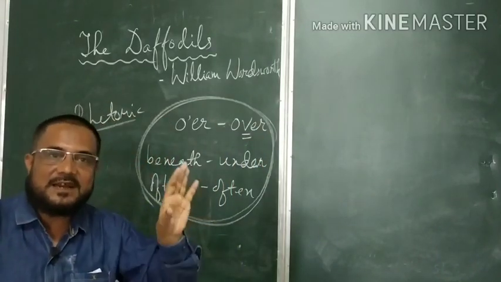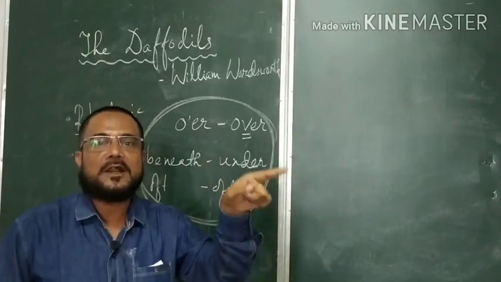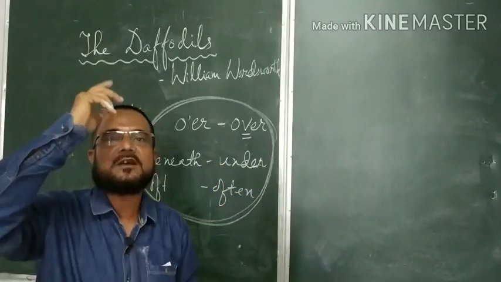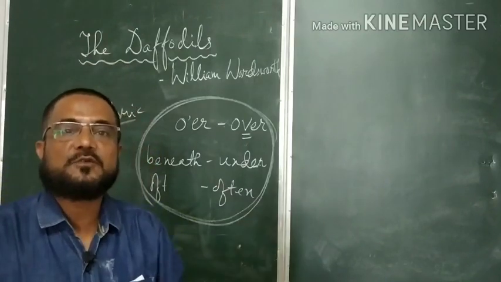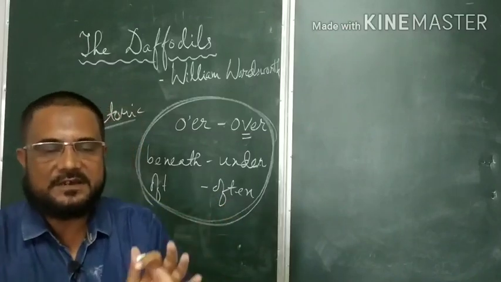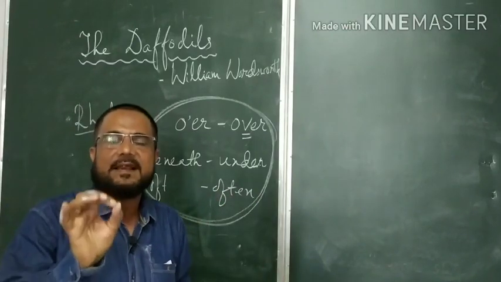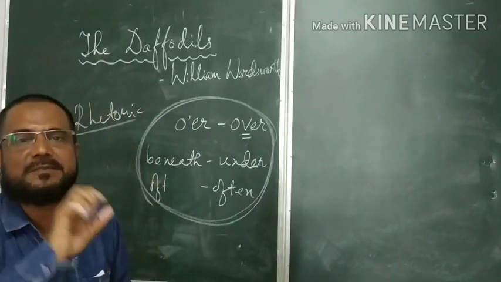You don't say he is like Kishore Kumar or he is like Sachin. No. You call him Kishore Kumar, you call him Sachin. Or for example, Shillong is the Scotland of the East. If you say Shillong is like Scotland of the East or Shillong is as charming as Scotland, then you are comparing, it is a simile.